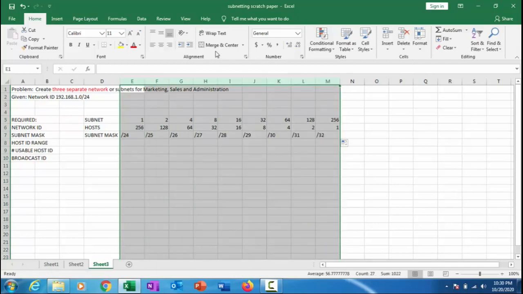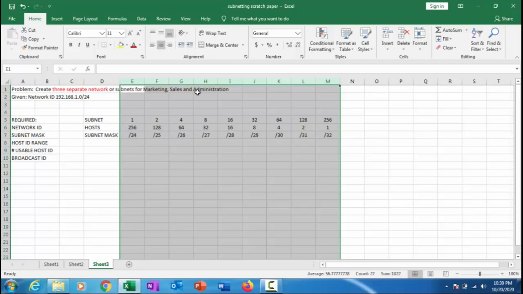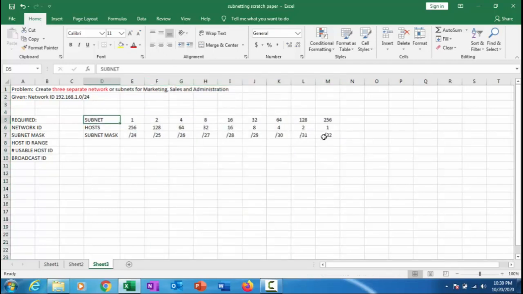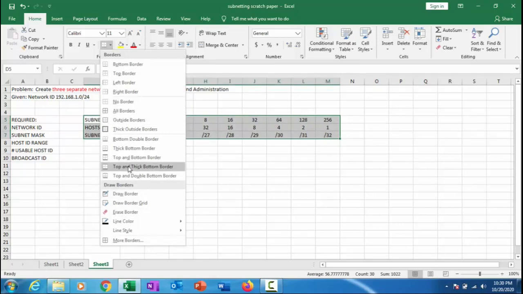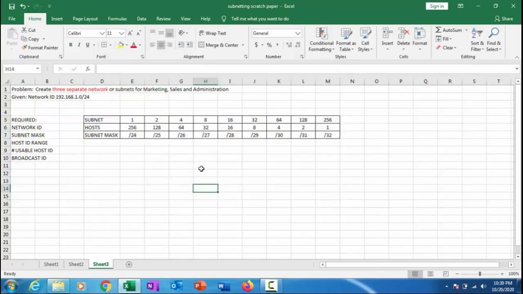Let's put it in the middle and add some borders.